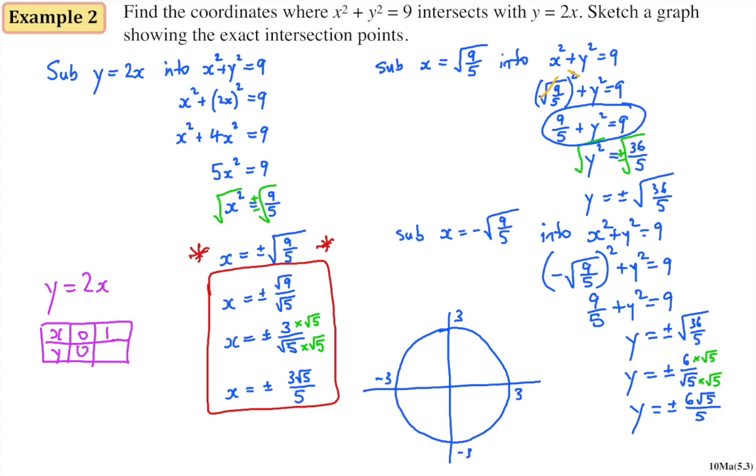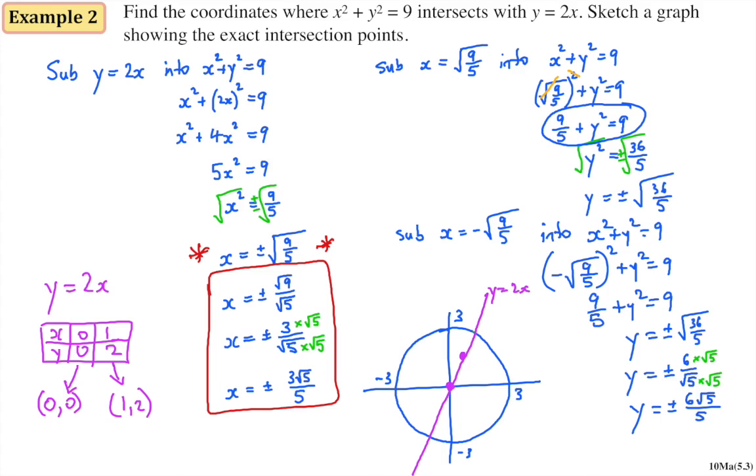If I let x equal 1, 2 times 1 is 2, which means the point 0, 0 and the point 1, 2 are on my line. So let's go to 0, 0. Let's go out 1, up 2. That'd be roughly there. Let's join those, and that is my line y equals 2x.